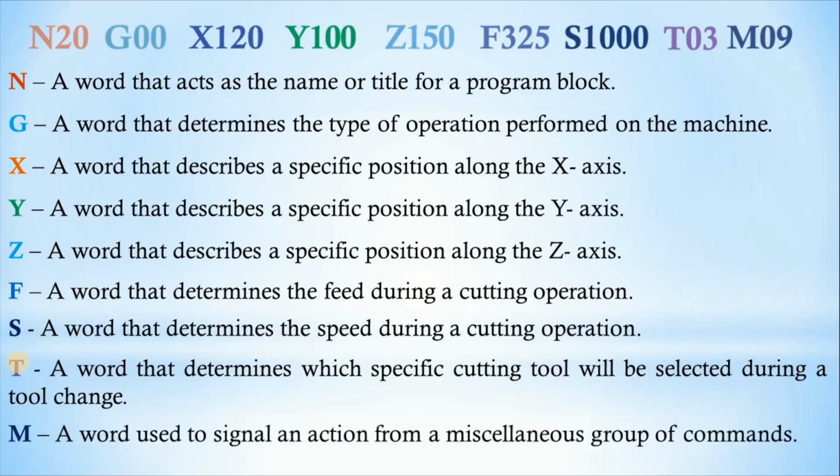Then M is a word used to signal an action from a miscellaneous group of commands. The M code is used to change the cutting tools, turn on or turn off the coolant, spindle or workpiece clamps.